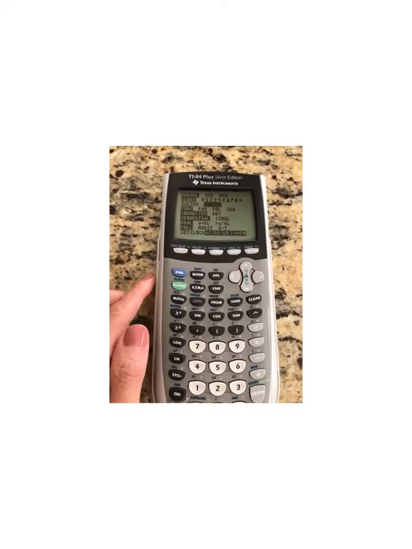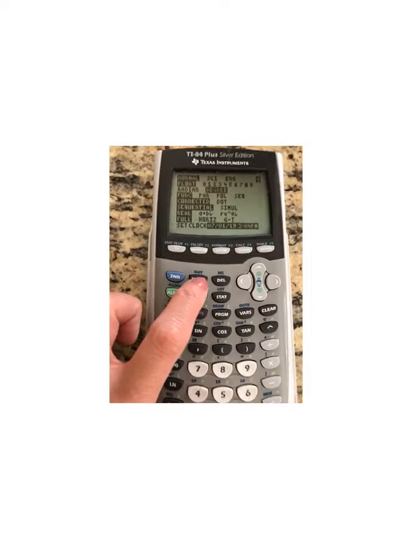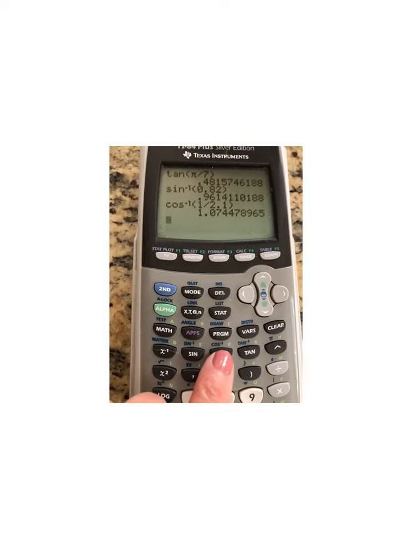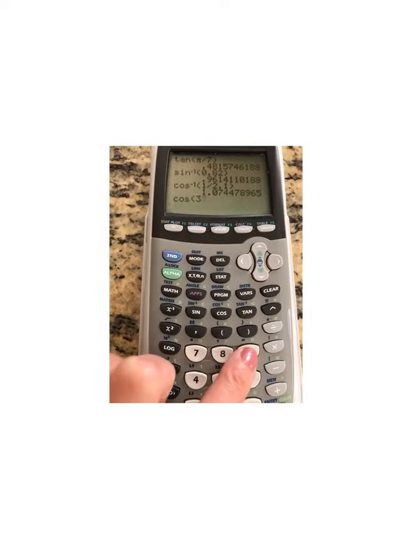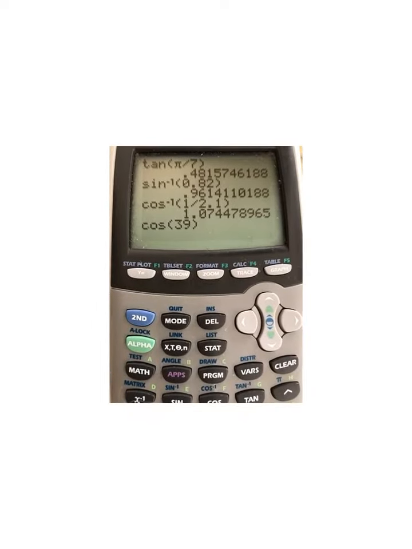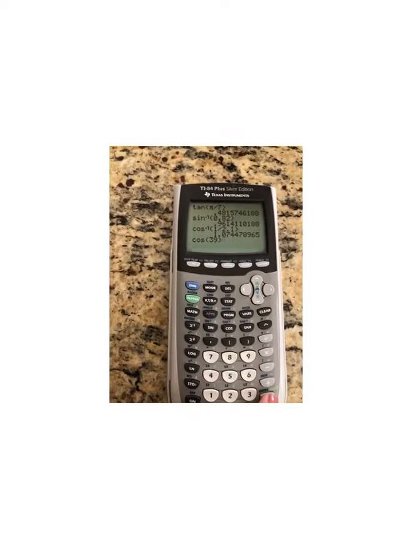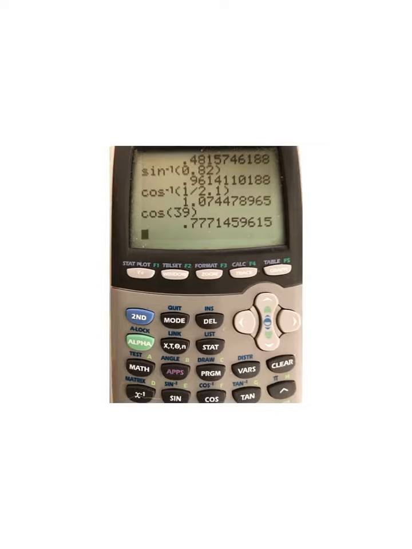Okay, now it's fully highlighted on degree, so quit, second mode. All right, so now let's compute cosine of 39 degrees. So cosine of 39, parentheses closed. Now this is going to be in terms of degree measure. So hit enter. Oh, there you go. And this is the value that you should be getting.